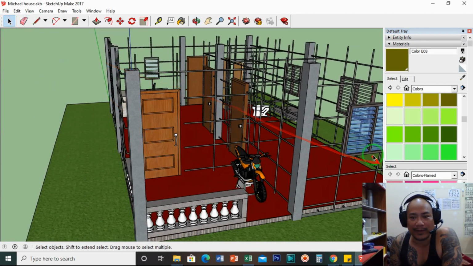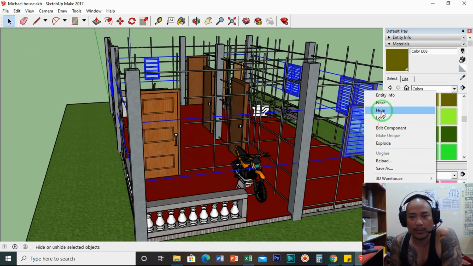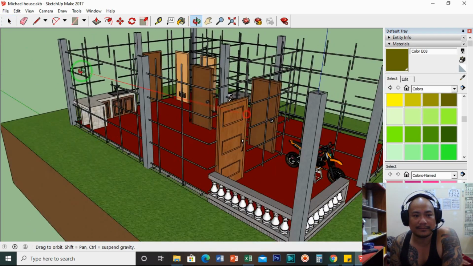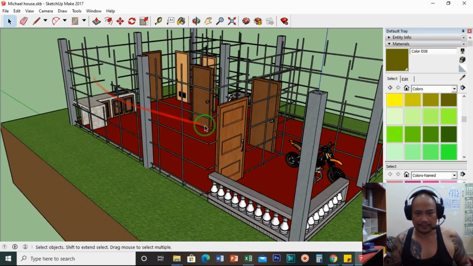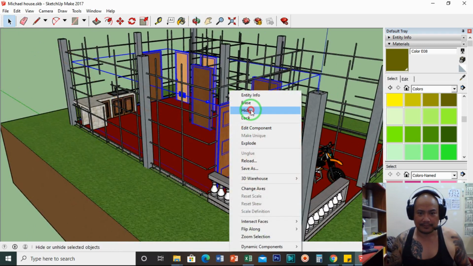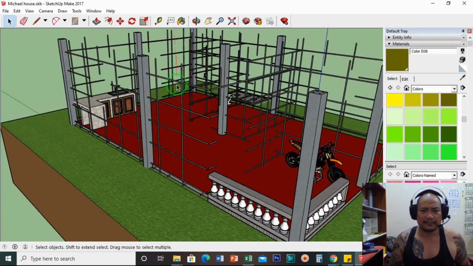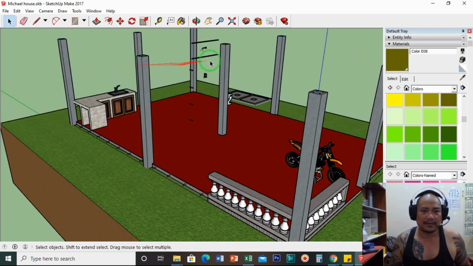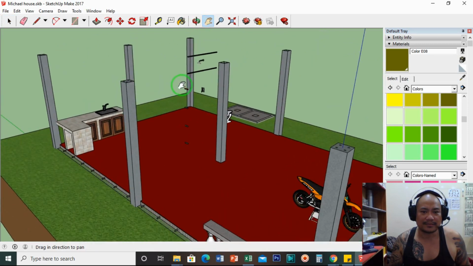Now I will remove the window and the doors. I will remove the rebars. Oh, why is this one not included in the rebars?